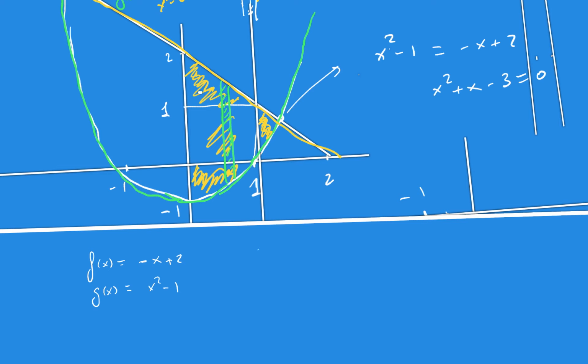And I need to do the integral from x equals 0 to x equals 1 of f of x minus g of x, minus x plus 2 minus x squared minus 1, dx.